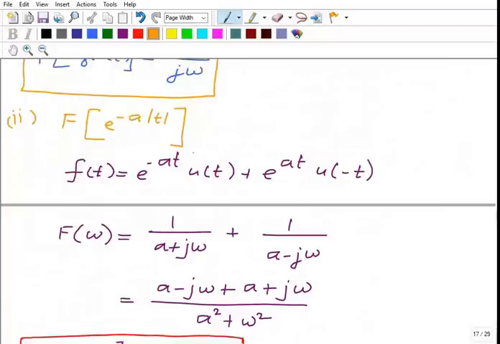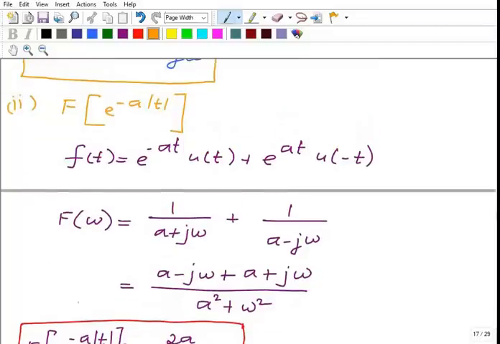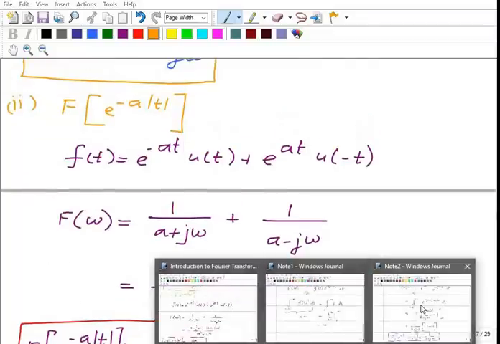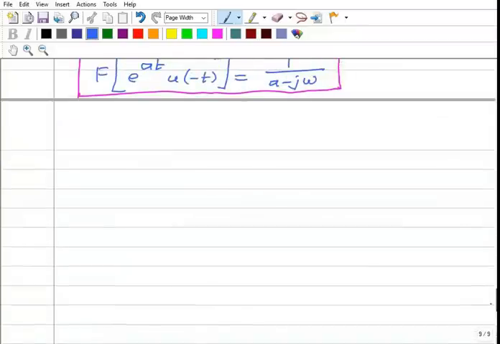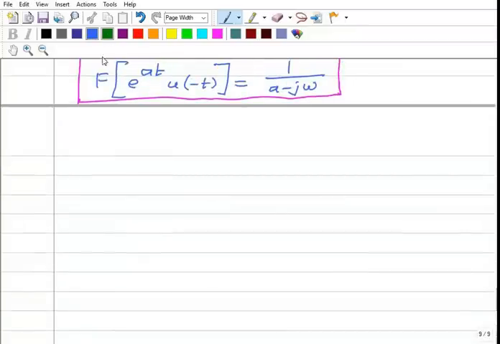So you just note down this signal, e power minus a absolute of t.